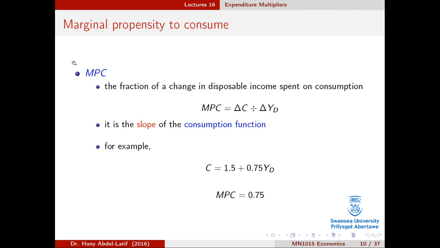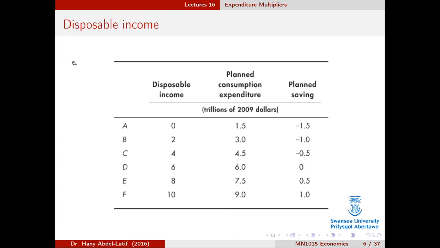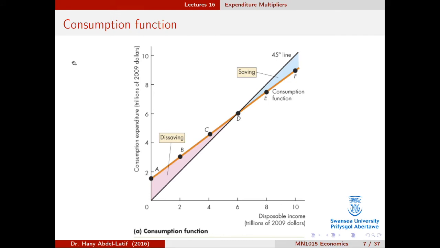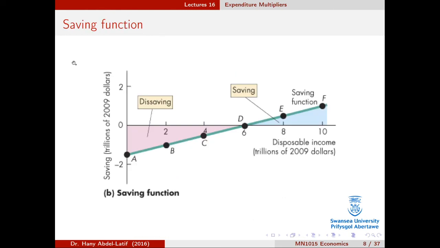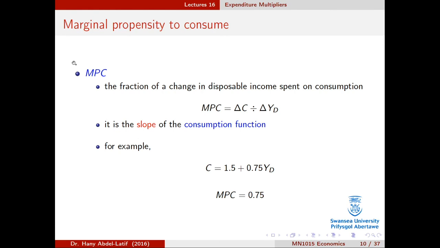So again, we can represent the consumption function as a table like this, or as a graph like this, this straight orange line here, or as an equation like this. It is the same example. As you can see, if YD equals 0, consumption will be 1.5.